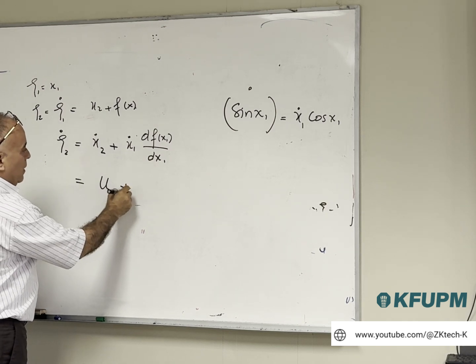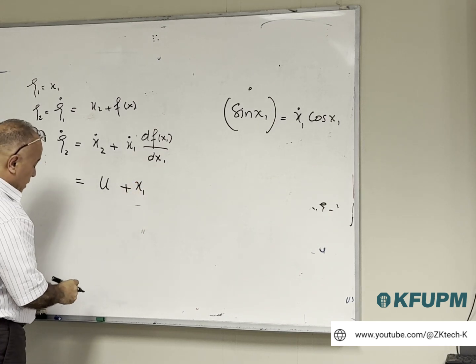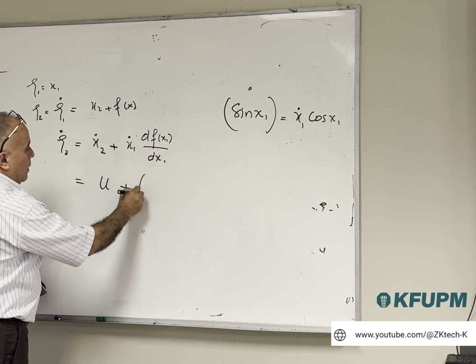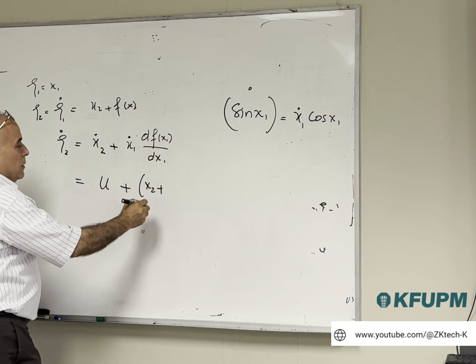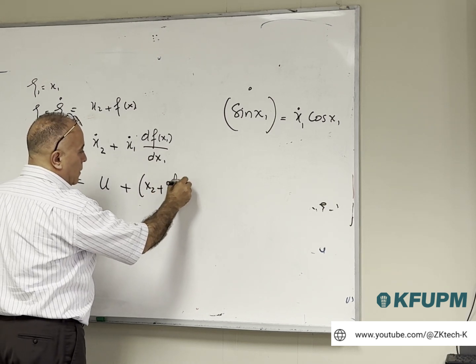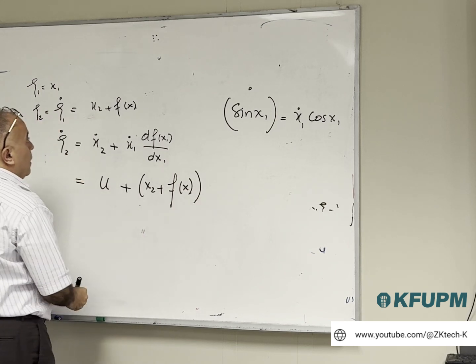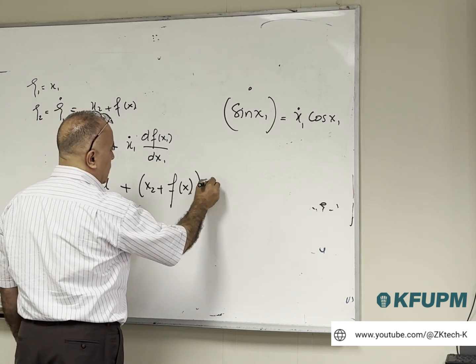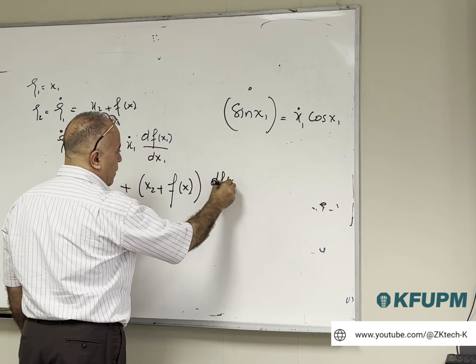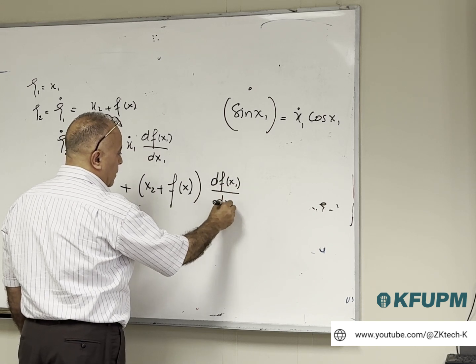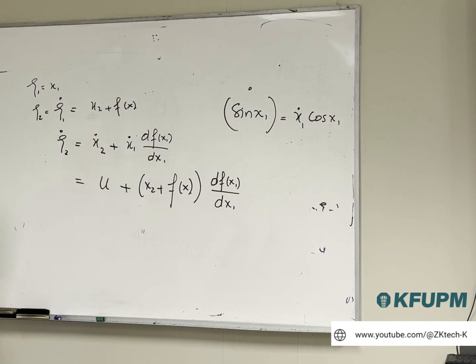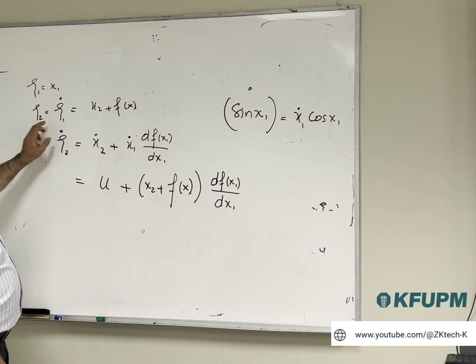So u plus x1 prime, x1 prime is equal to x2 plus f of x, multiplied by the derivative of f of x1 with respect to x1. So this x2 plus f of x is our zeta 2 that we have here. Okay.